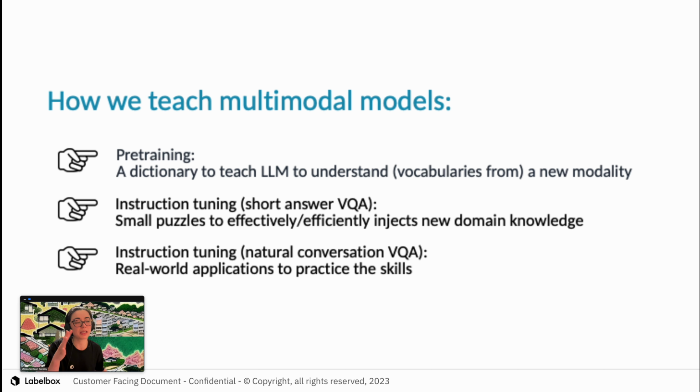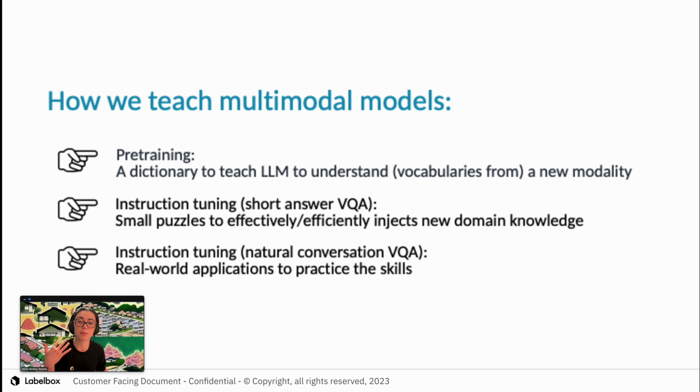For pre-training, you can think of it as creating a dictionary for the model, where it learns the vocabularies from each modality. It learns what certain visual patterns represent in images, or how certain sounds correlate with words in audio data.